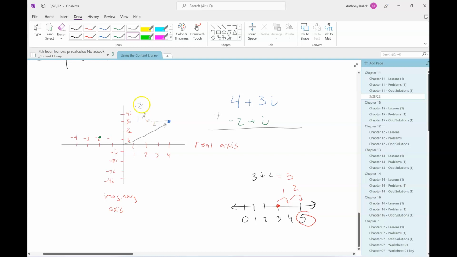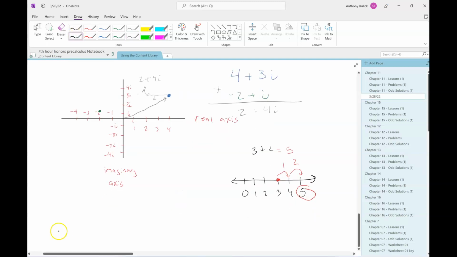And that would be the result, which would be 2 plus 4i. So what do we end up doing really here? Yeah, just add the real parts together and add the imaginary parts together. Oh, well that's really nice.